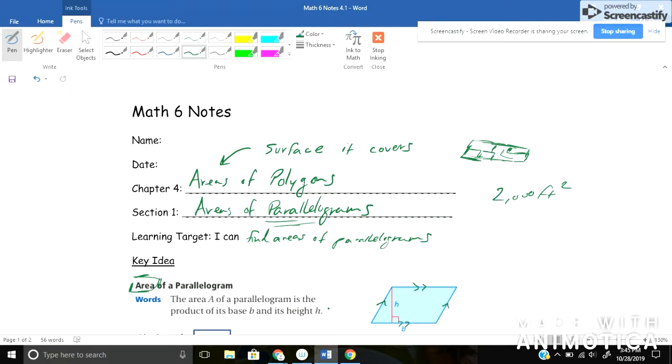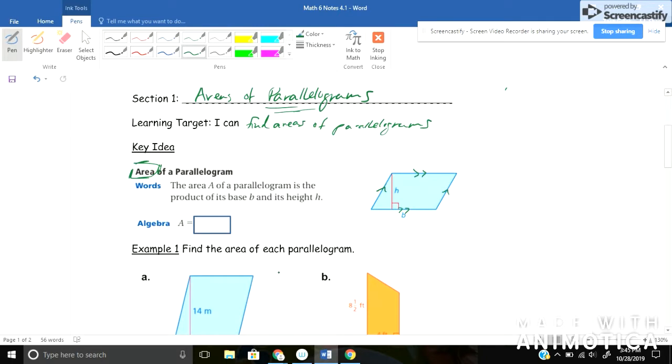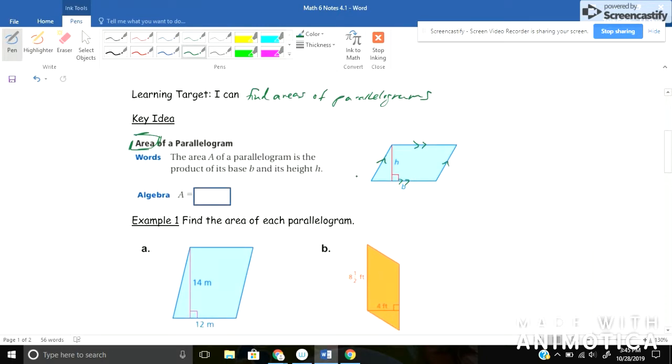So let's take a look at our key idea and how we actually find the area of a parallelogram. In words, it says the area A of a parallelogram is the product, so I'm thinking multiply, of its base and its height. So I just need to take base and height and multiply them together. In this case, here's my base, it's labeled, and here is my height. One really important key is that your height always creates a 90-degree angle with your base.